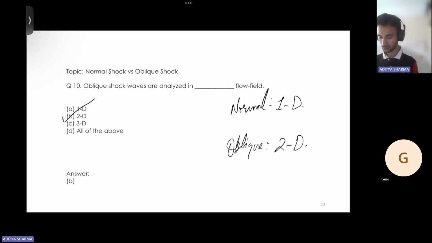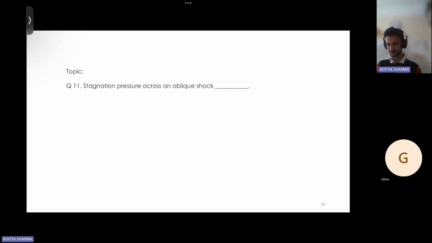Then let's move on to next question. So stagnation pressure across an oblique shock. What happens to stagnation pressure across an oblique shock? Yes, please try to answer this.